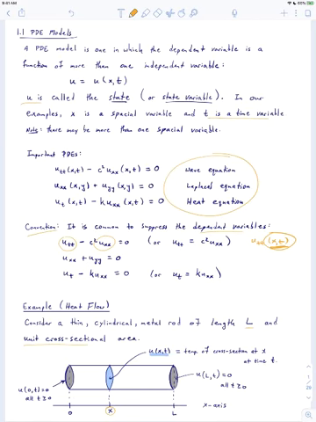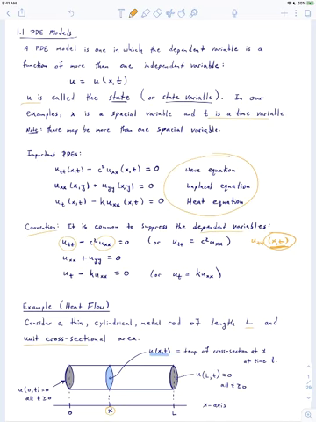So we have here a rod of length L. We have an x-axis, and we set one end of the rod at 0 and the other end at L, as you can see here. We're going to imagine some conditions that we're going to impose here.